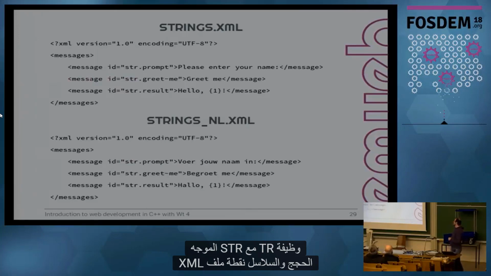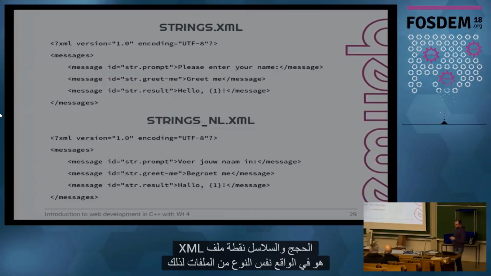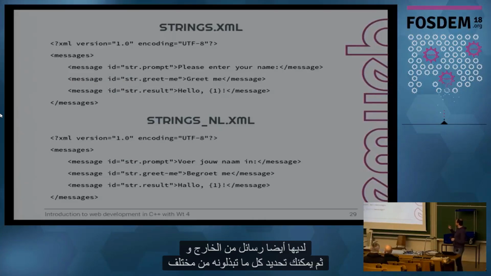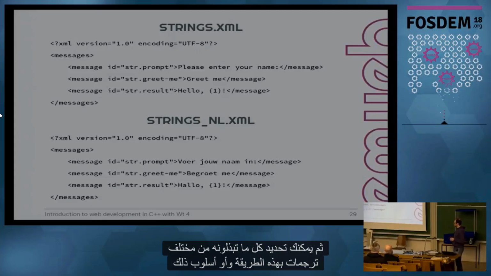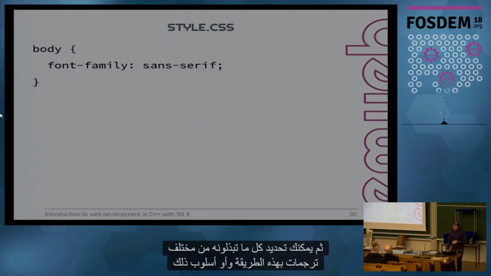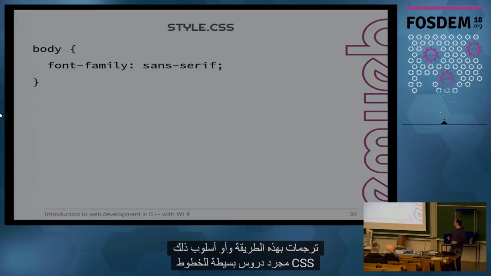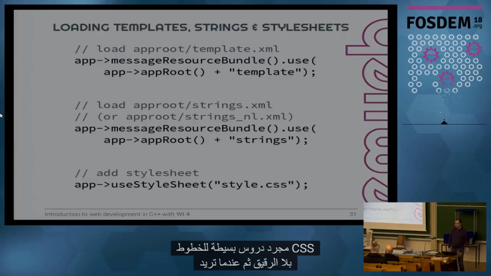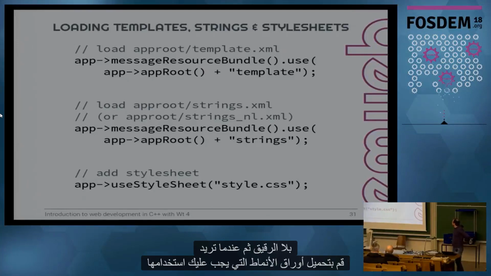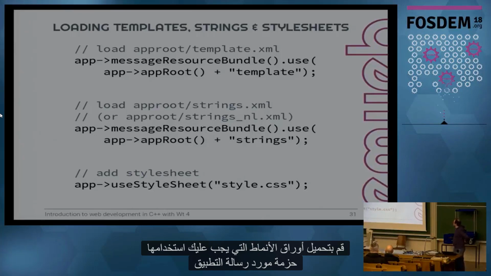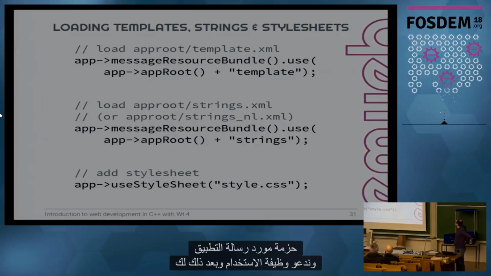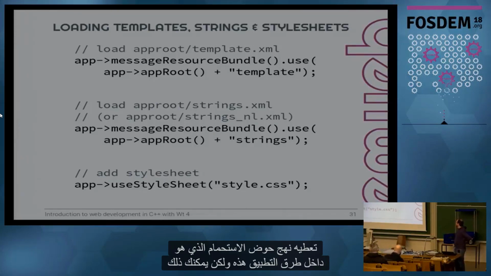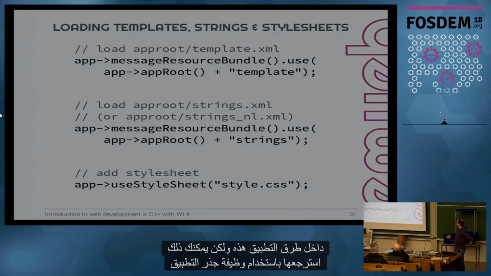And the strings.xml file is actually the same kind of file. It also has messages on the outside, and then you define all of your different translations that way. And our style.css simply sets the font to sans serif. Then when you want to load your style sheets, you have to use the message resource bundle of the app and call the use function, and then you give it the path to the app root, where you can retrieve it with the appRoot function.